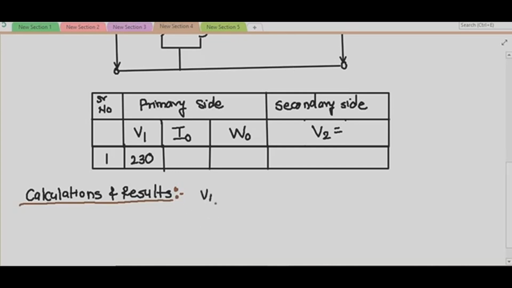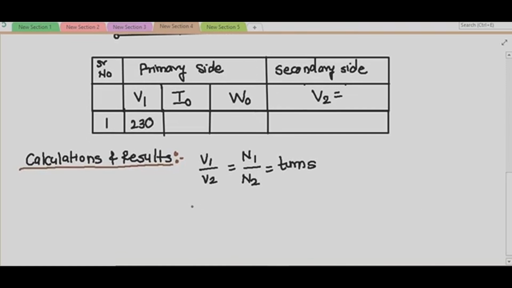Students, we know that V1 upon V2 is equal to N1 upon N2, and N1 upon N2 is nothing but the turns ratio. So as you have recorded the voltage across the secondary, the ratio of your voltmeter readings V1 by V2 will accurately give you the turns ratio.